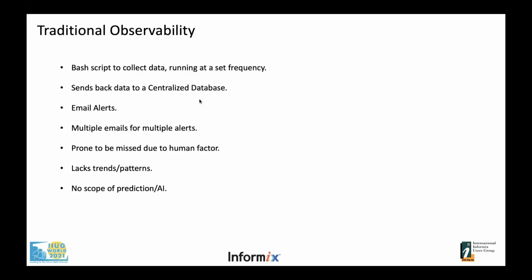The other downside of this email-based alerting was that you cannot visualize the trends or patterns in your system usage. And of course, with no such data retention, it was difficult to bring in some kind of machine learning or artificial intelligence to your patterns, or predict, based on your previous patterns, what the usage will be in the upcoming future.